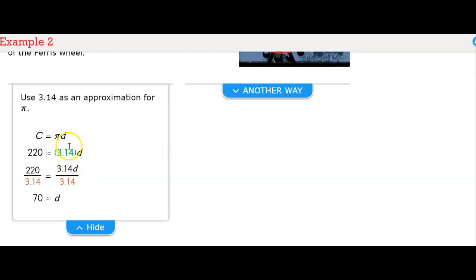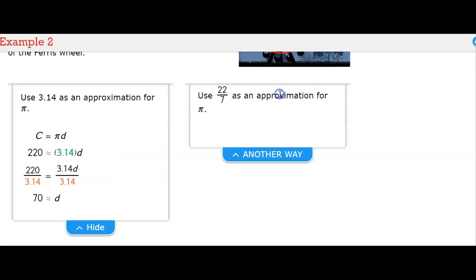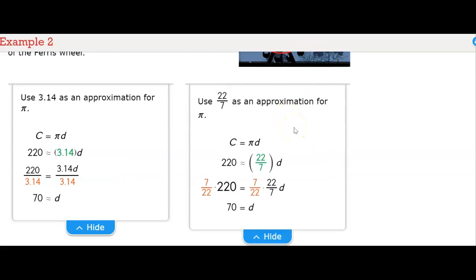So the inverse of multiplying 3.14 times d is dividing. So we divide by 3.14 on both sides of the equation. And we get 220 divided by 3.14, which is approximately 70 for the diameter. Another way is to take 22 over 7, which is a fraction approximation of pi.